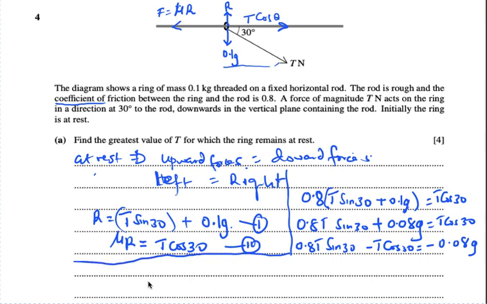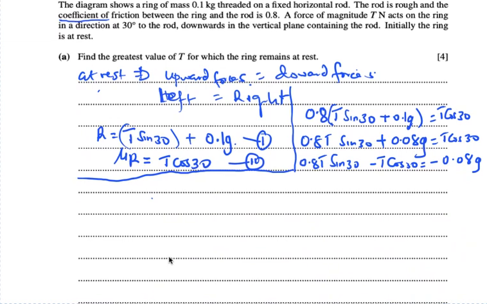Taking T common, we have T times (0.8 sine 30 minus cos 30) equal to negative 0.08g. Let's simplify the brackets.